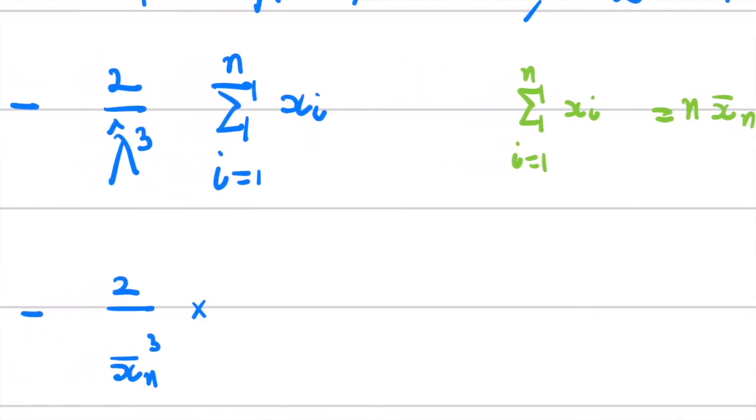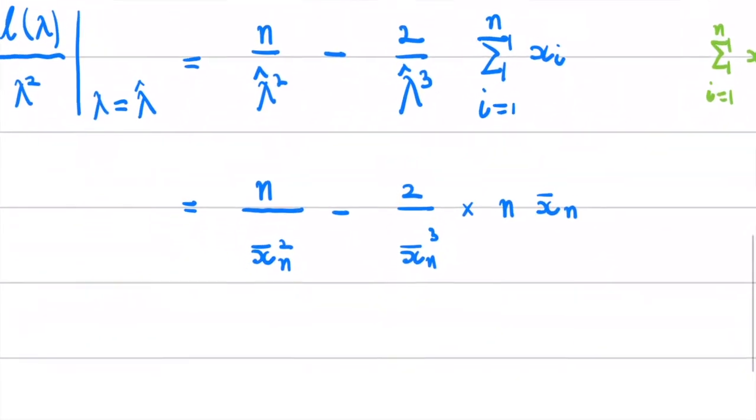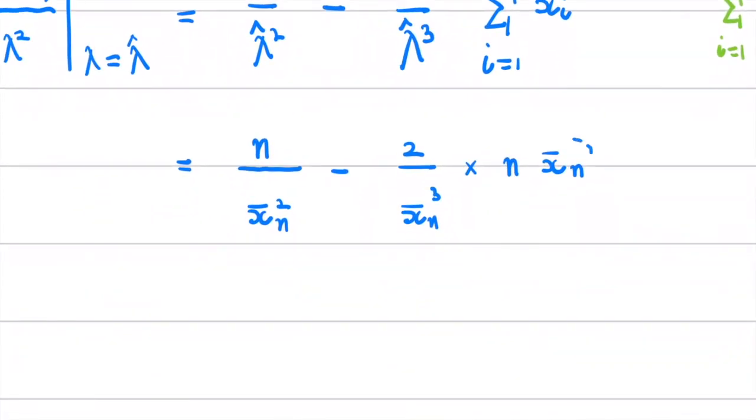So instead of writing the sum of xi's here, I'm going to write n x bar. And why do I do that? Because now I see that this nicely cancels out with this expression here. So we're going to be left with n on x n bar squared minus 2n, so we're still multiplying 2 times n here, but we've got this x n bar cancelling with one of the x n bars down the bottom, which leaves us with x n bar squared.